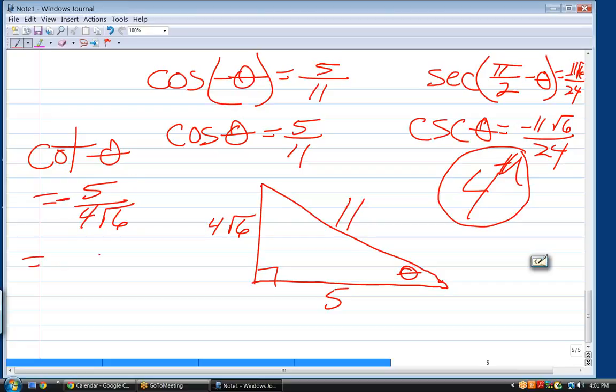So 5 root 6 over 24. And there's your answer. All right. That's really how you do all of those. The only extra thing this had in it was they gave you the cofunction. Right. Another trig function.